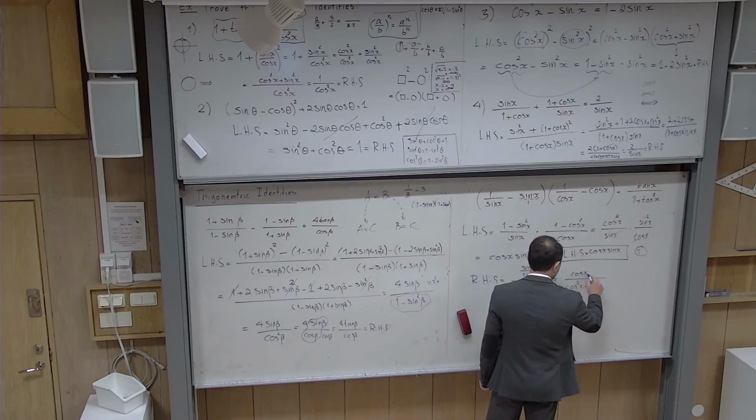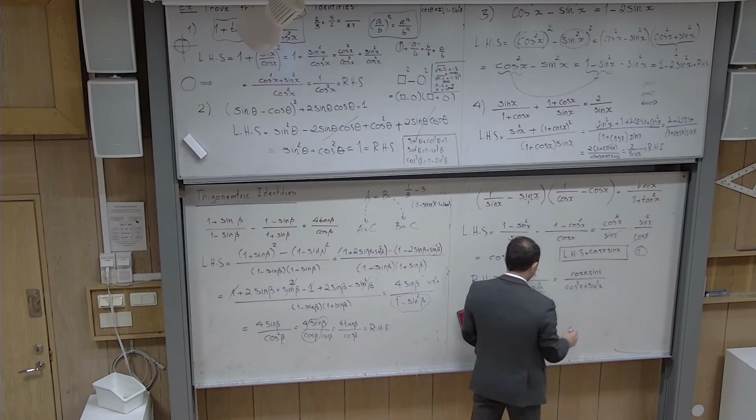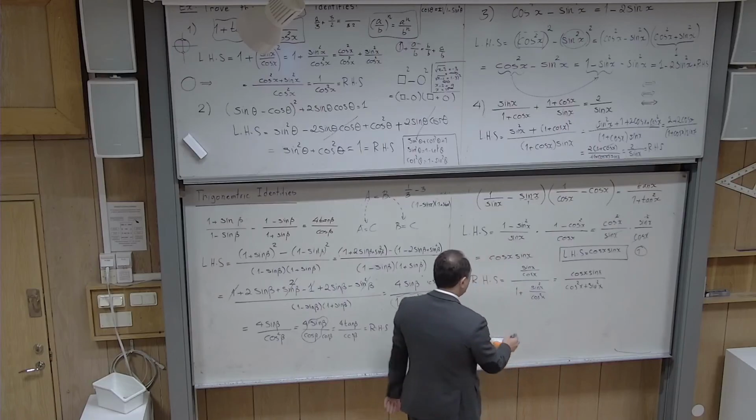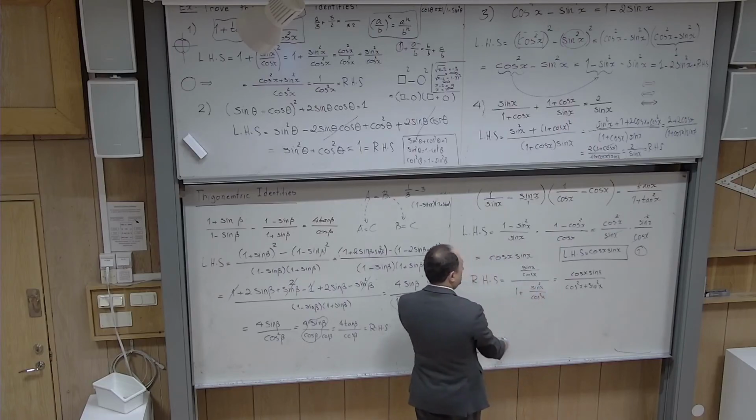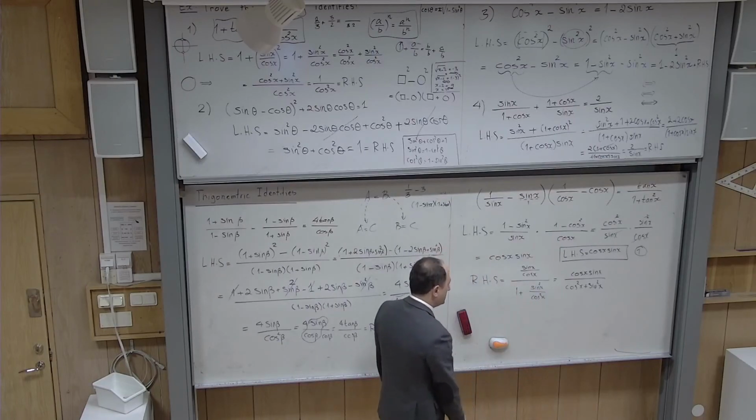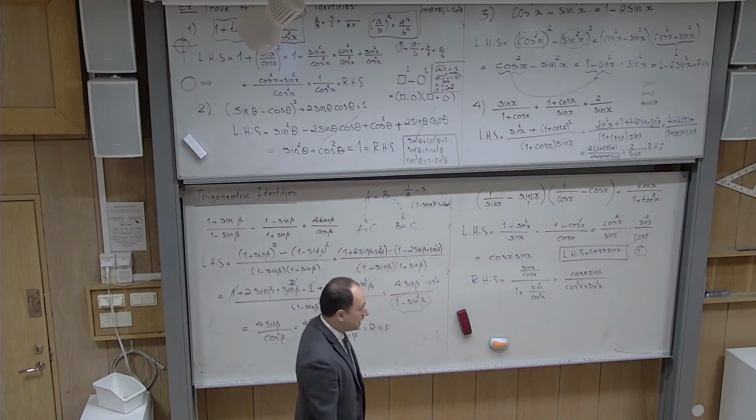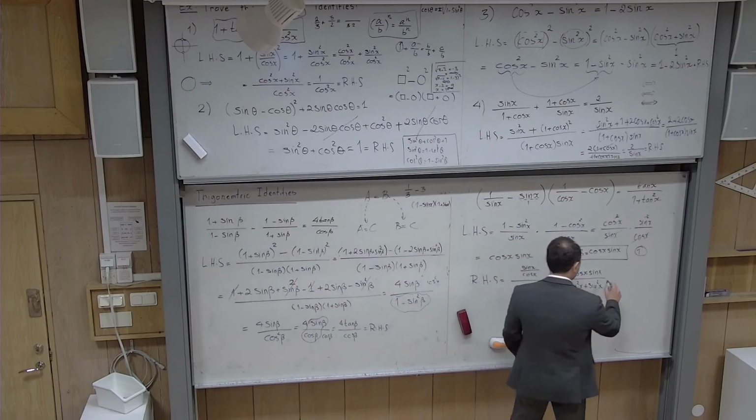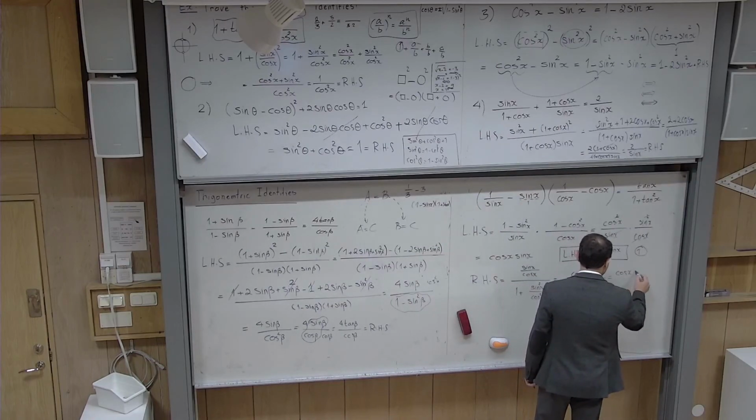Cosine x sine x. If you want, you can take the common denominator and then divide them. It takes ages, yes? But that's easier. And then cosine squared plus sine squared is 1. And then this becomes cosine x sine x over 1, which is the same thing as cosine x sine x.